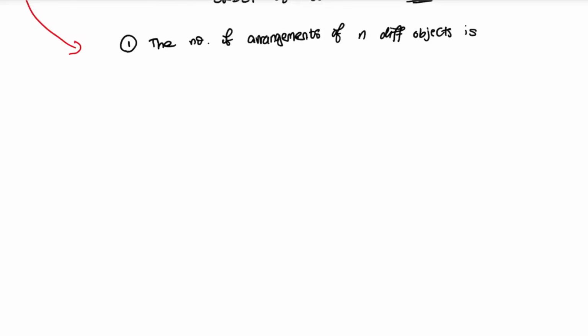The first key result is that the number of arrangements of n different objects is very simply going to be n factorial.